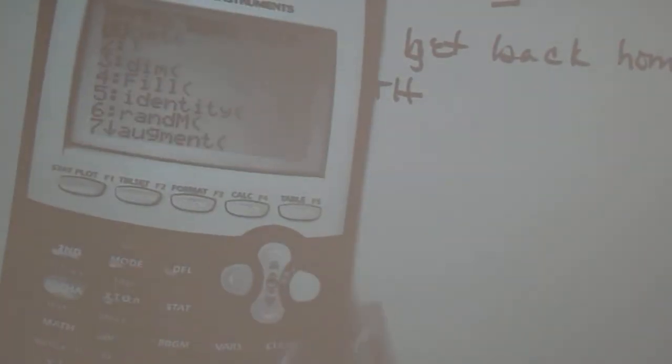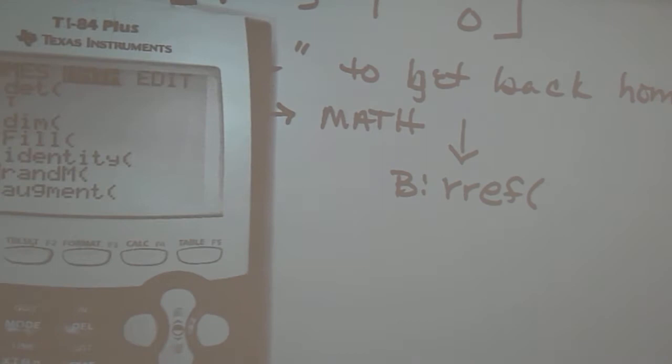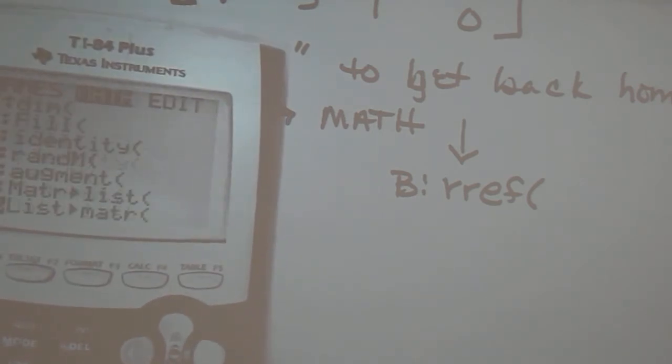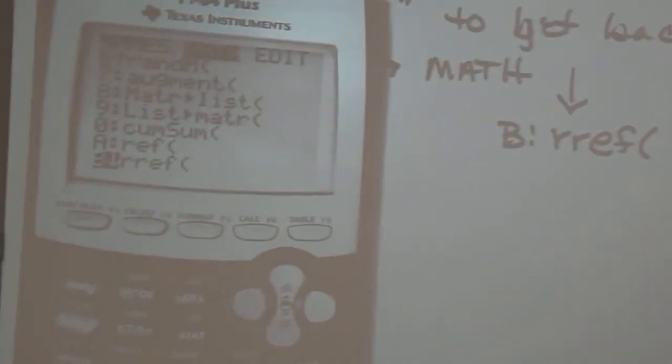So arrow over to math. And then you're going to arrow down until you see the RREF command. And I think that's at letter B. You should see the REF, and then right below it RREF. What's the difference? The one that we want to use is the RREF.